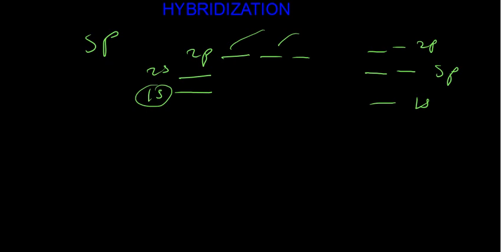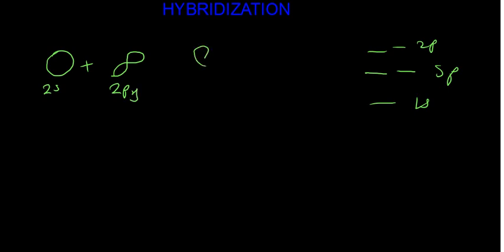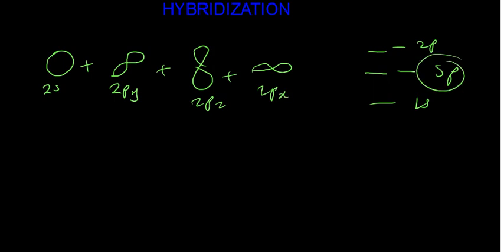So let's show it in the same diagram. A 2s is coming together with, let's say this is 2py, and then 2pz, and then 2px. But only one of these is going to come together with the s. The other two are going to remain. Okay.